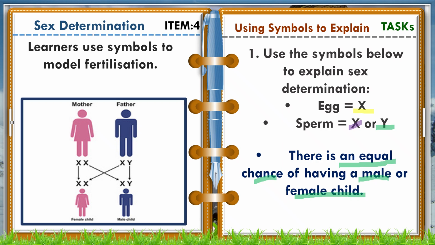So when we have the egg X, which can either go with the sperm X or sperm Y, there are two possibilities, either XX to form a girl child or XY to form a boy child. So there is an equal chance of either having a male or a female child.